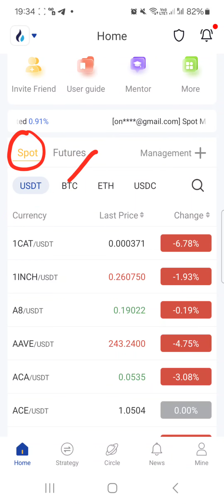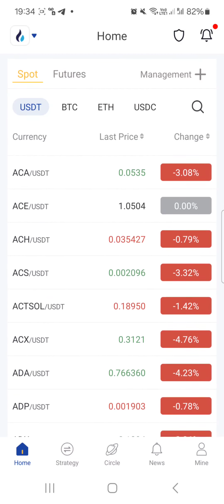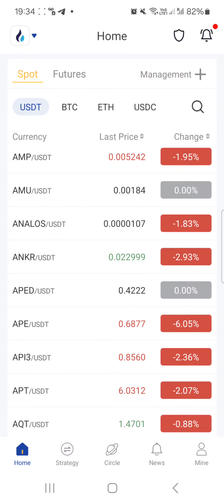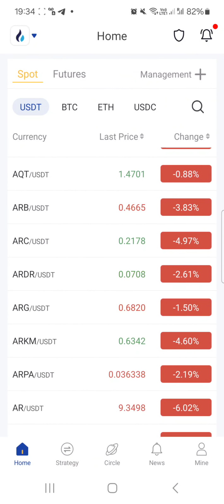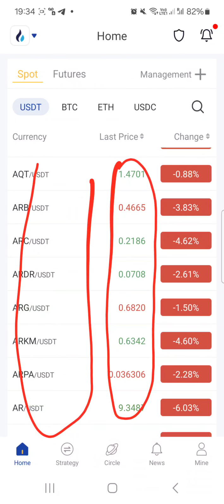So once you are on the home page and you're in the right exchange, this is, of course, the market. These are all the trading pairs that are available over here. This is the current price, or the last price, of the trading pair, and this is the percentage change.